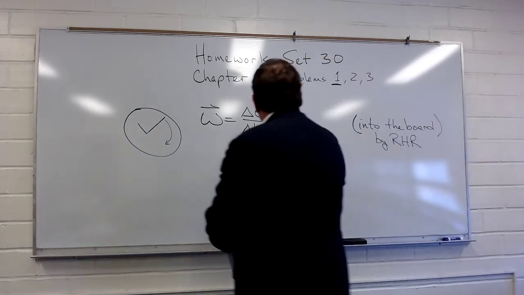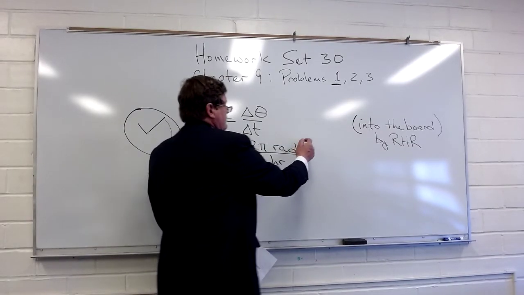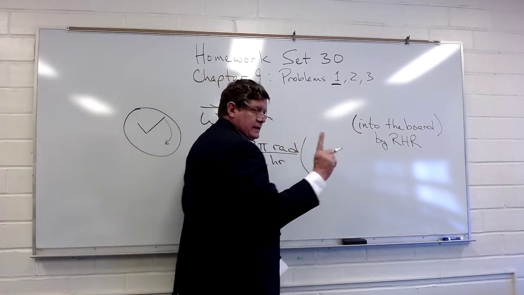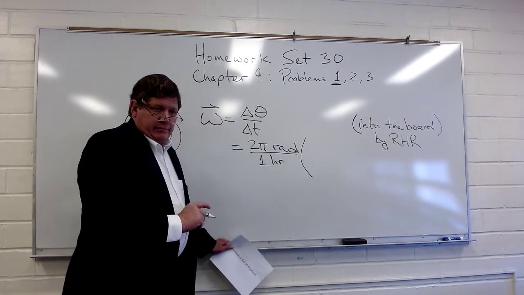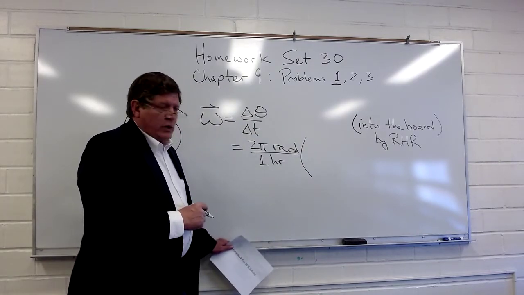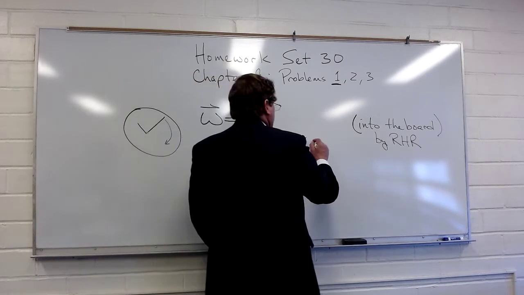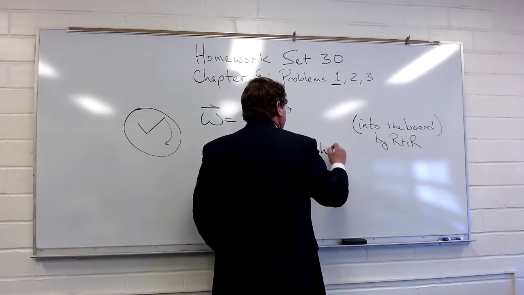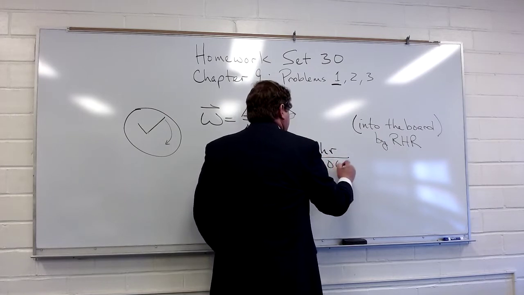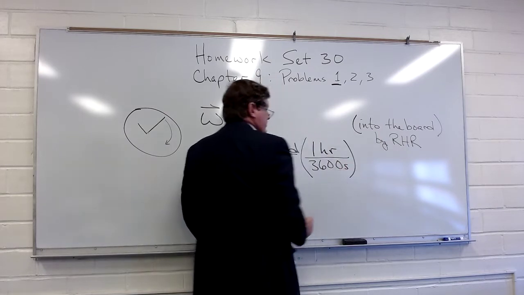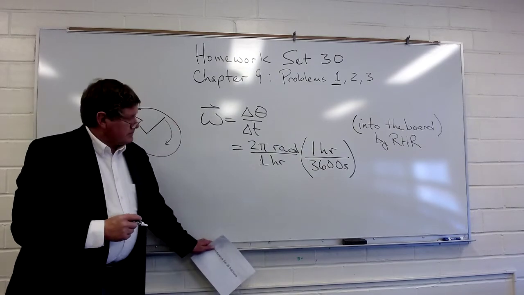Now, to find that, I multiply this result by 1. Whenever you multiply something by 1, you don't change it. But there's lots of ways to write the number 1. I can write that 1 hour is 3,600 seconds. That's just 24 times 60.